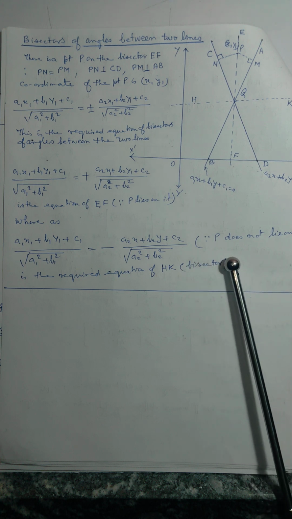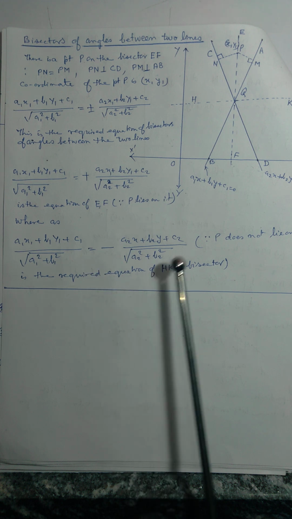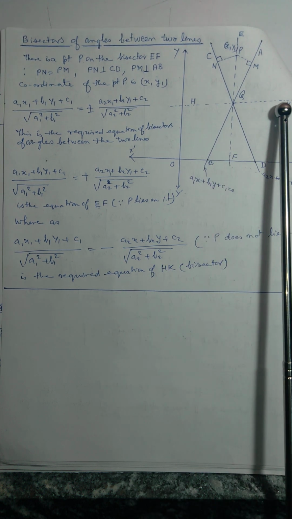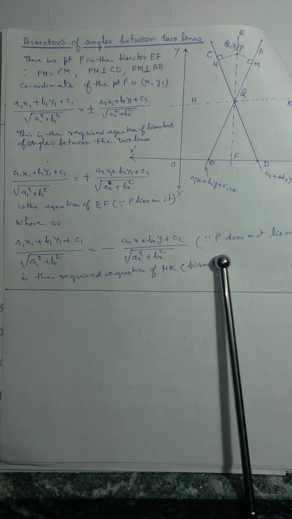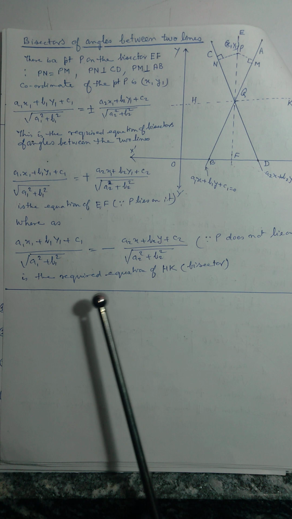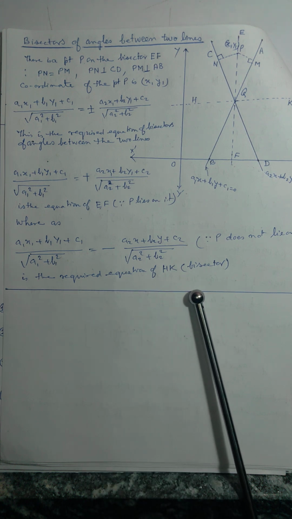You see, once you are taking the negative sign, P does not lie on HK. So I have mentioned it here. P does not lie on it. This is the required equation of the HK bisector.